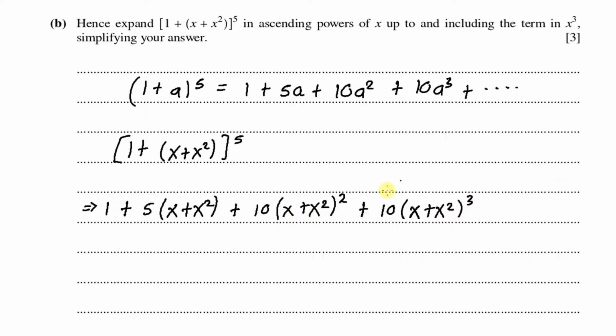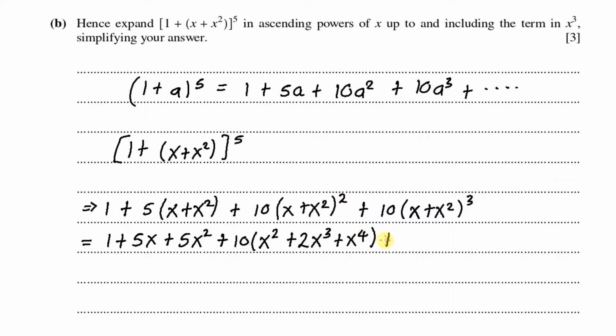We're going to simplify this, and remember, we want the powers up to and including the term in x cubed. So this will give us 1 + 5x + 5x squared. Then plus 10 of, and then we expand (x + x squared) squared. So that's x squared plus 2 times the product of these two, which gives 2x cubed, plus x to the power of 4.